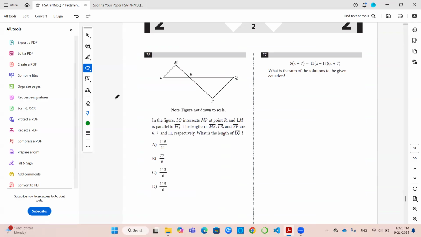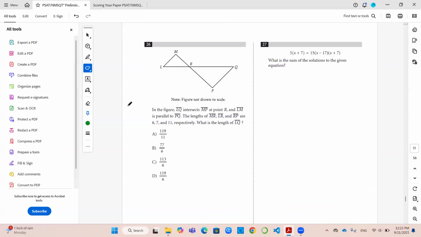Okay. In the figure, LQ intersects MP at point R, and LM is parallel to PQ. The lengths of MR, LR, and RP are 6, 7, 11 respectively. What is the length of LQ? So I'm going to go ahead and redraw this.